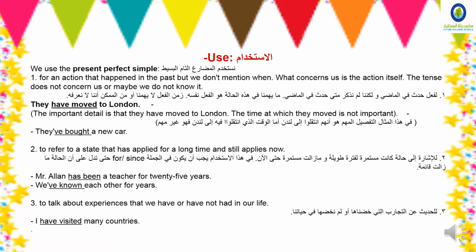So here لفعل حدث بالماضي، لكن المهم هو الفعل نفسه وغير مهم متى حدث الفعل. For example, they have moved to London. انتقلوا إلى لندن. أما متى أو الوقت اللي انتقلوا فيه it's not important. The most important is the action, الفعل، وهو have moved، الانتقال.